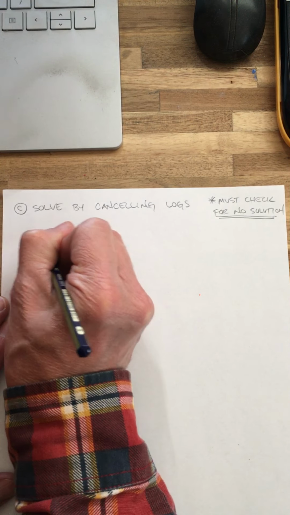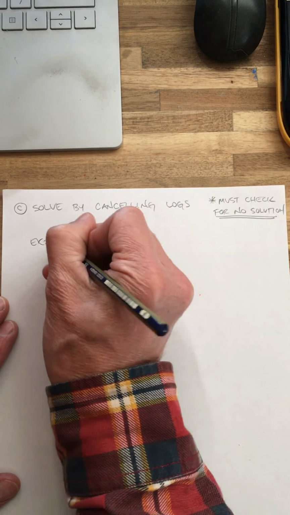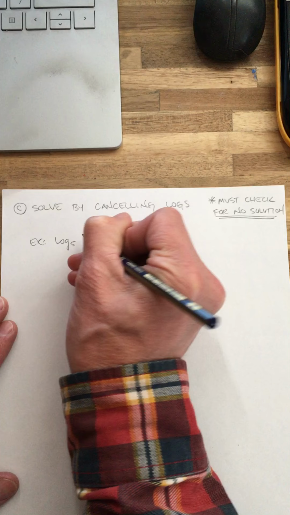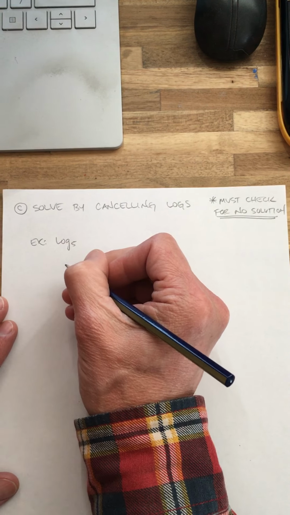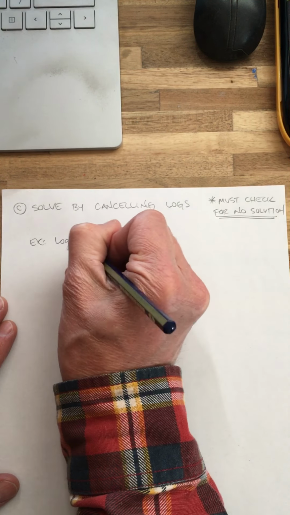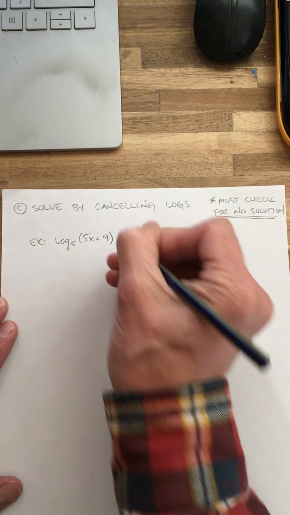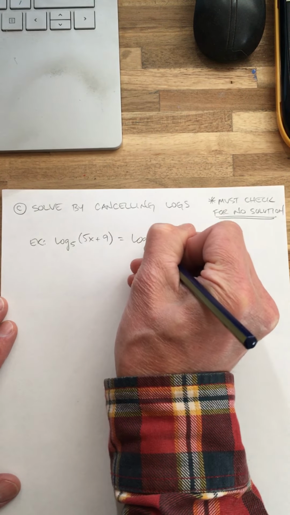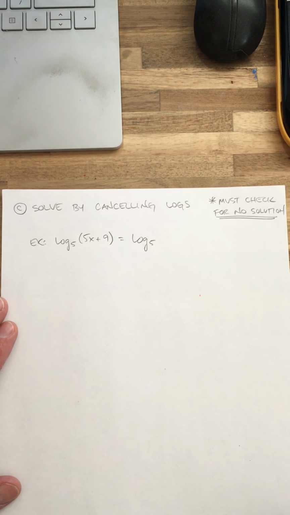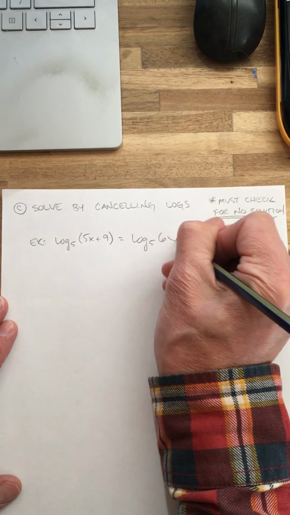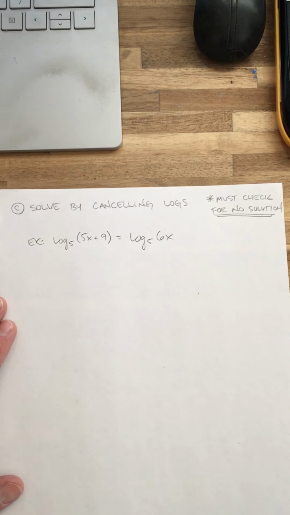Here's my first example. I have the log base 5 of 5x plus 9 equals the log base 5 of 6x. Let me show you what I mean by canceling logs.